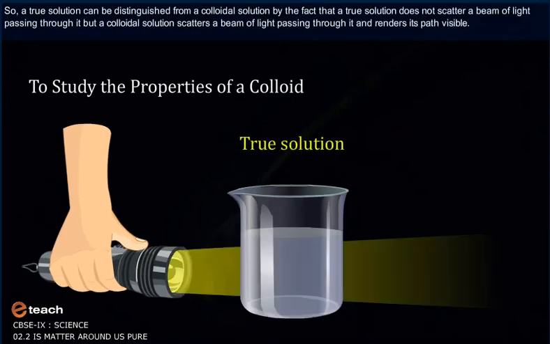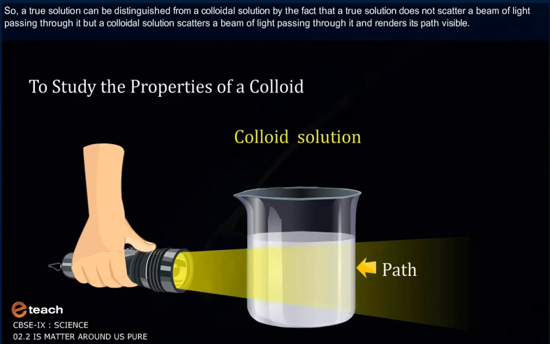So, a true solution can be distinguished from a colloidal solution by the fact that a true solution does not scatter a beam of light passing through it, but a colloidal solution scatters a beam of light passing through it and renders its path visible.